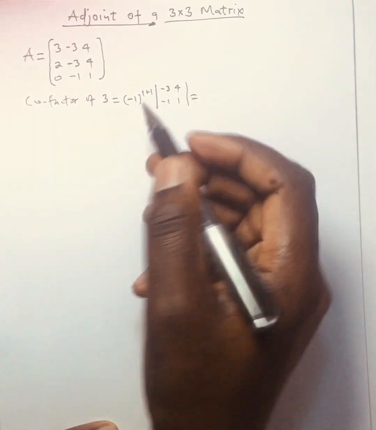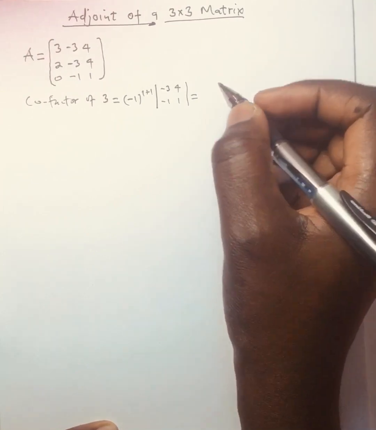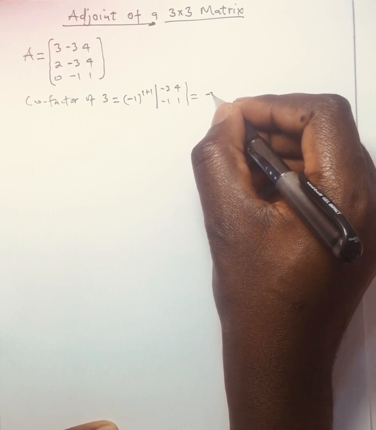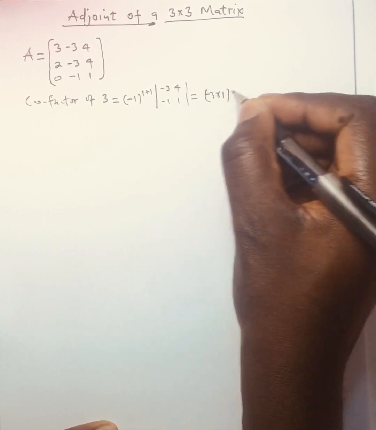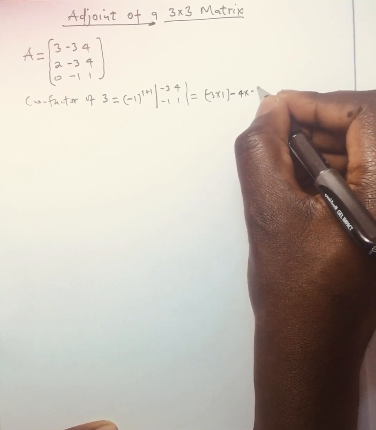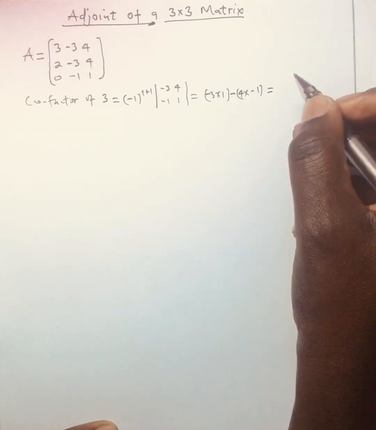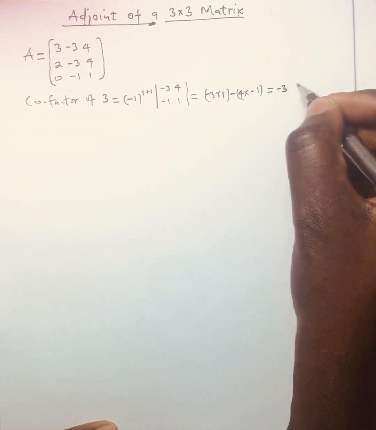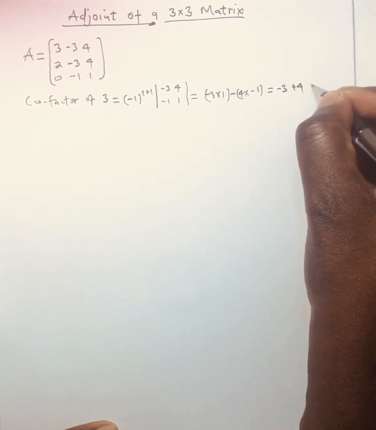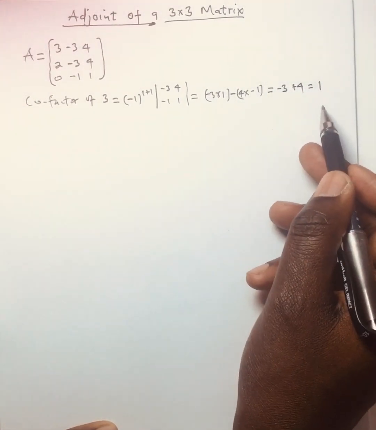Negative 1 raised to power 2 is 1, so it does not affect anything. The determinant is negative 3 times 1 minus 4 times negative 1, which is negative 3 plus 4, which is 1. So the cofactor of 3 is 1.